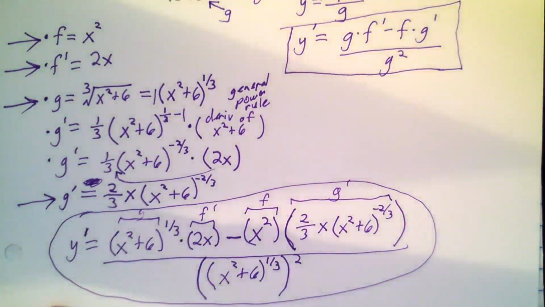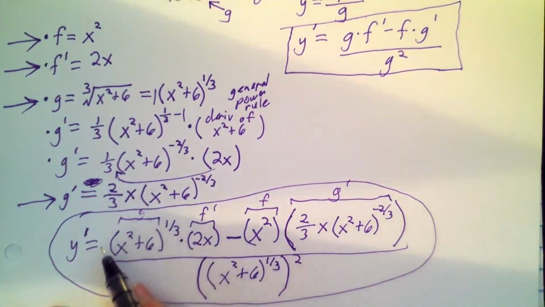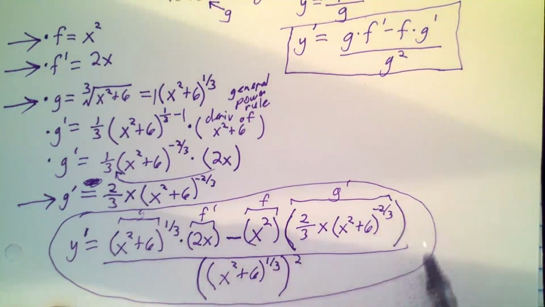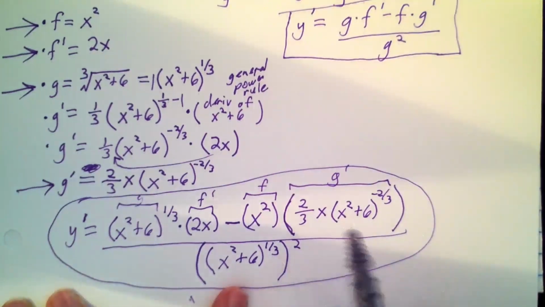If I wanted to clean it up a tad, I could multiply this x squared times this x, make that x cubed, and I might move this 2x to the front. I also could bring out a greatest common factor of x squared plus 6 and x squared plus 6 to an appropriate power, but I'll leave that alone for now. My bottom, I could fix this one up real quick.